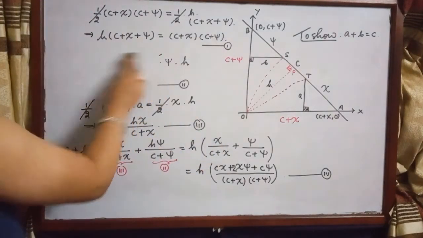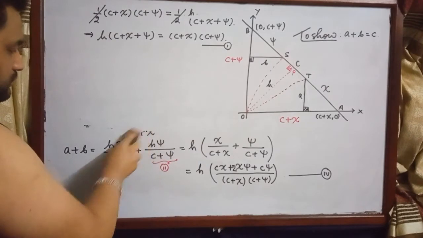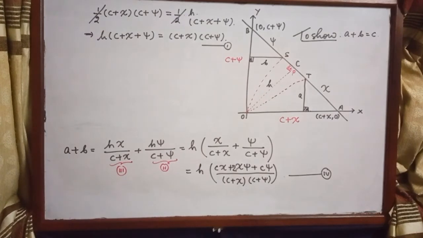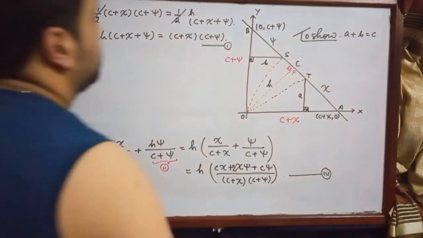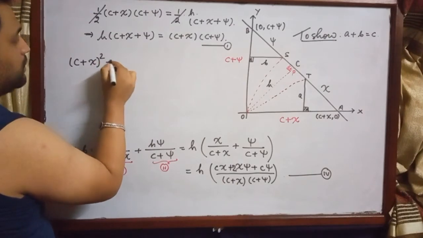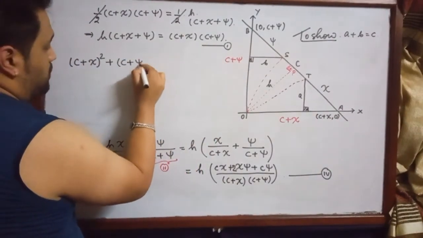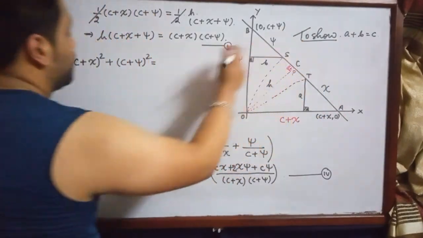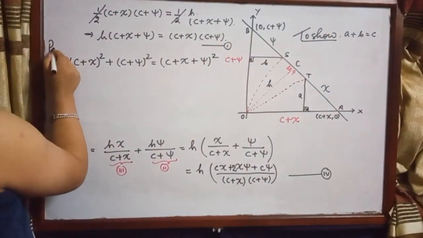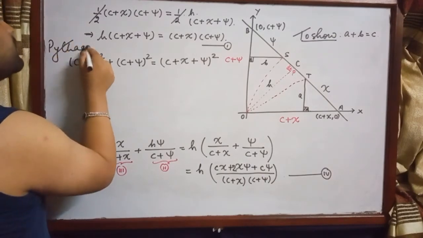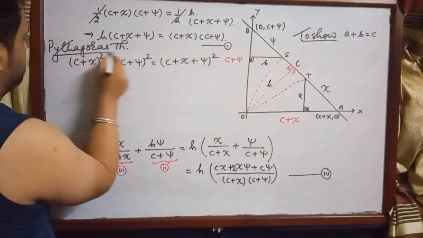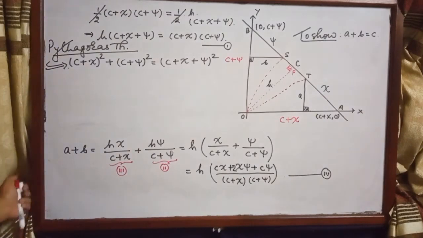Now we do not need equations 2 and 3, so let's erase them. By Pythagoras theorem, c plus chi squared plus c plus psi squared will be equal to c plus chi plus psi squared.